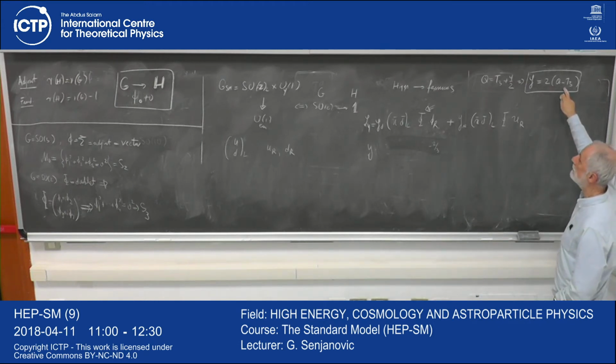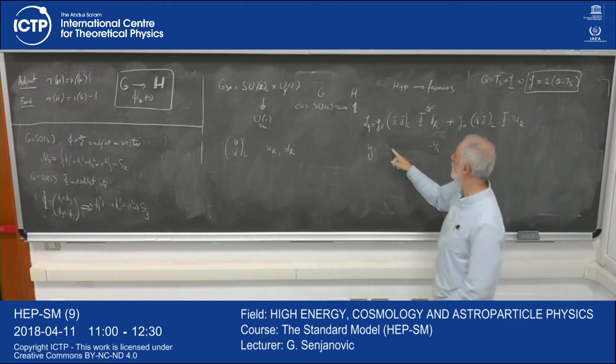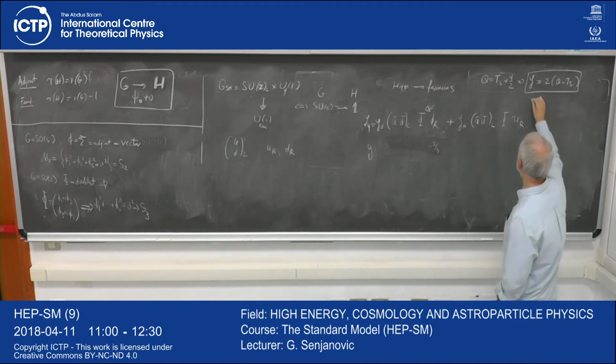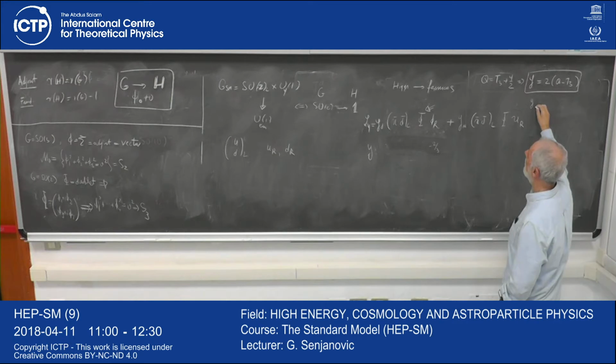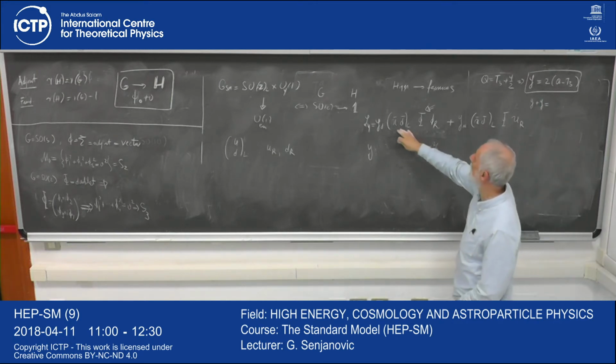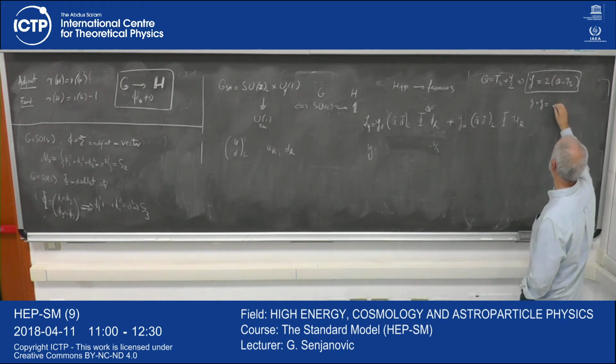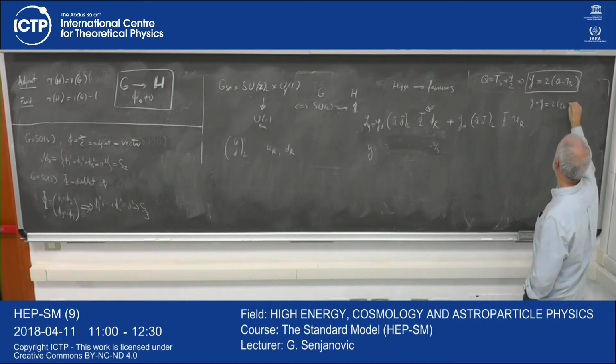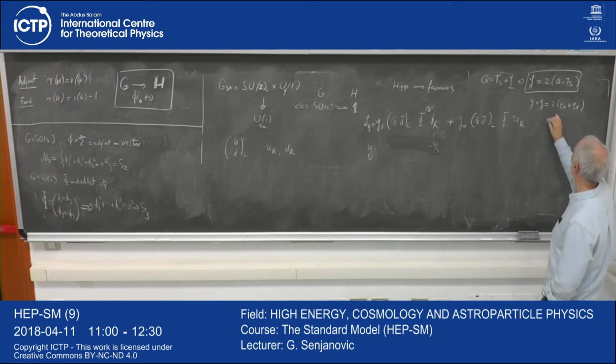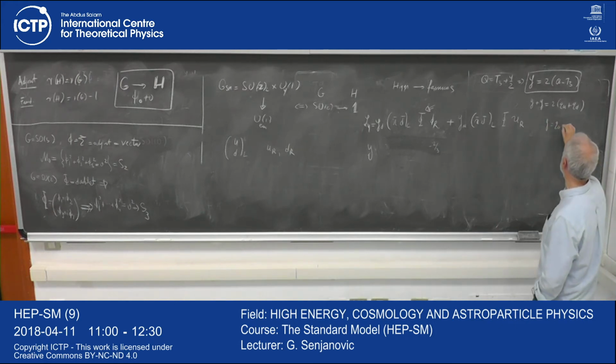T3 is 0. And for this guy, I sum it twice. This is 2 Q_up plus Q_down. So Y is Q_up plus Q_down in a doublet.